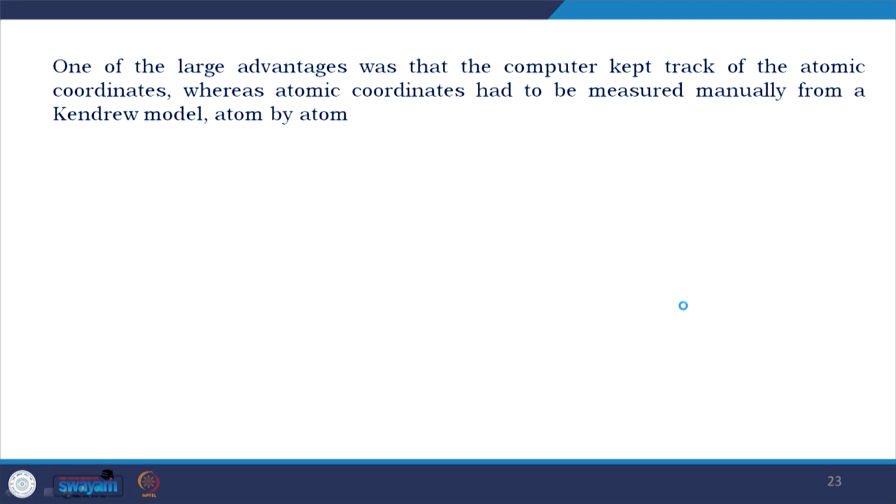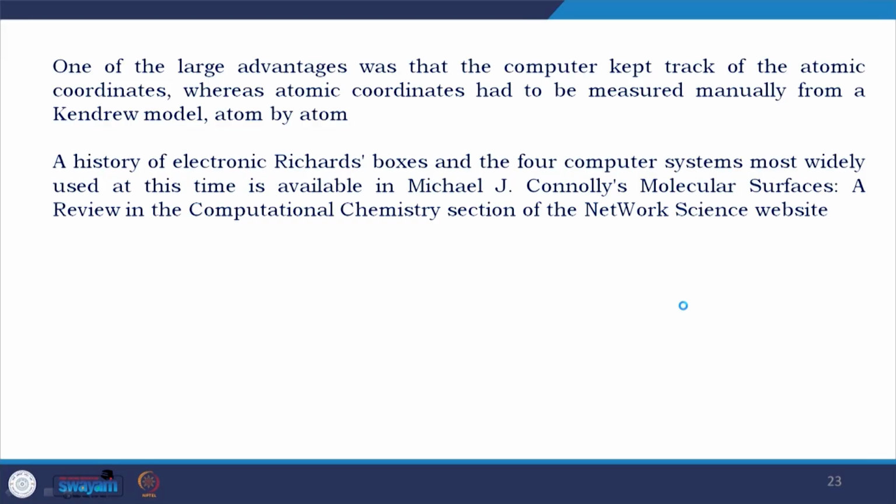You have to physically measure and then construct a physical model, but if a computer knows the conversion from the atomic information to the model, it could do that by itself. So, that is the major advantage.